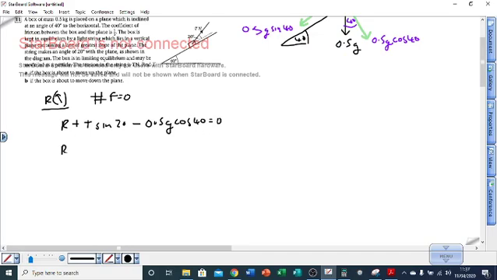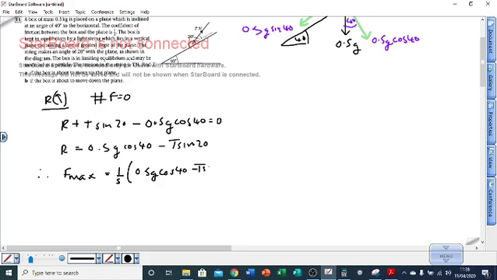Throwing it over, you end up with R equals 0.5 G cos 40 minus T sin 20, and that leads us therefore to F max, and we know that mu, the coefficient of friction, is a fifth, so F max is going to be a fifth of 0.5 G cos 40 minus T sin 20.